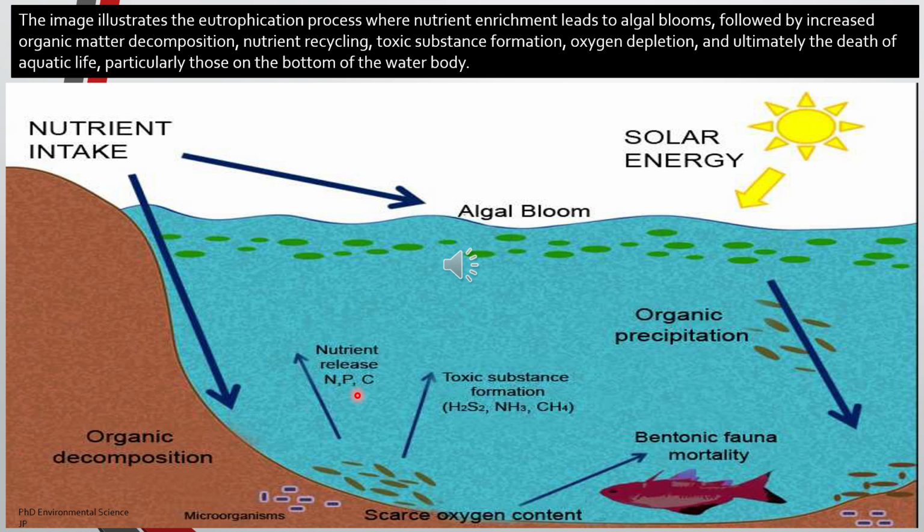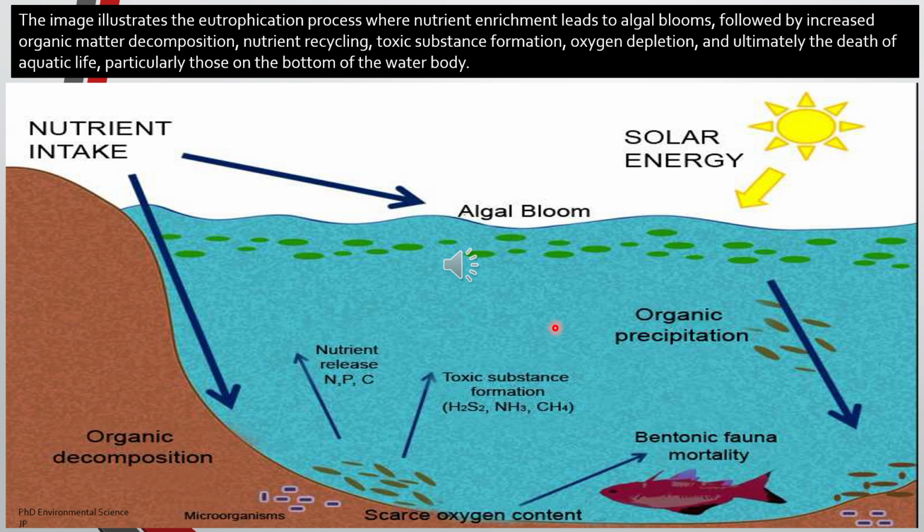Toxic substance formation. Decomposition can produce toxic substances such as hydrogen sulfide, ammonia, and methane. These toxic substances can be harmful to aquatic life and the overall health of the water body. Scarce oxygen content.